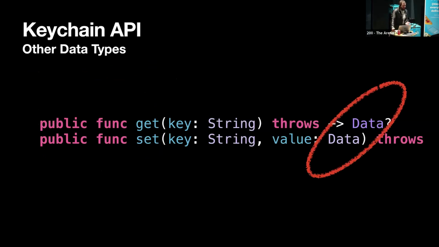And the answer is we need to implement those data types ourselves based on data. Keychain doesn't care what it stores if it can be converted to data in one way or another. And that's why we have a lot of those different wrappers. They might do the conversion slightly differently, or they might do slightly different API, but under the hood they have the same method calls.